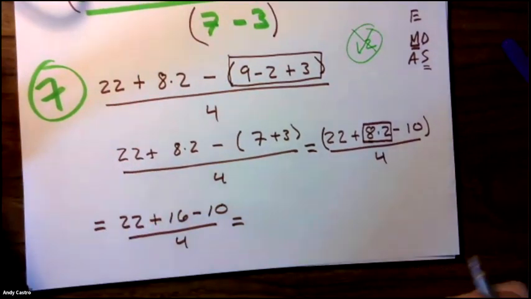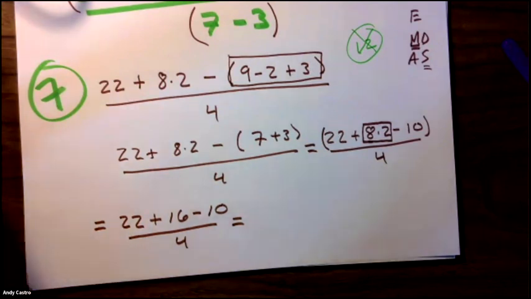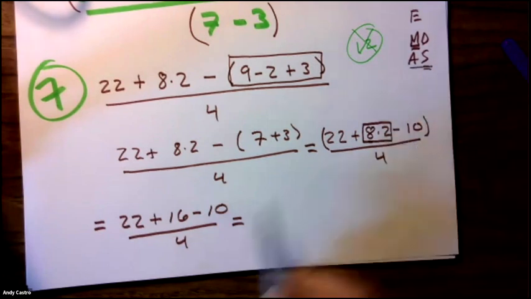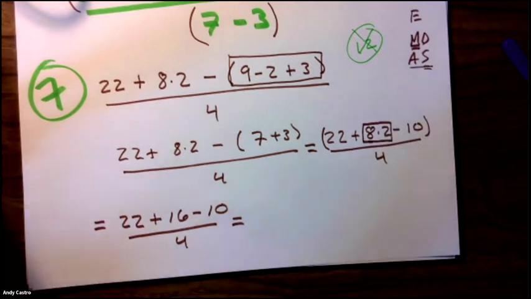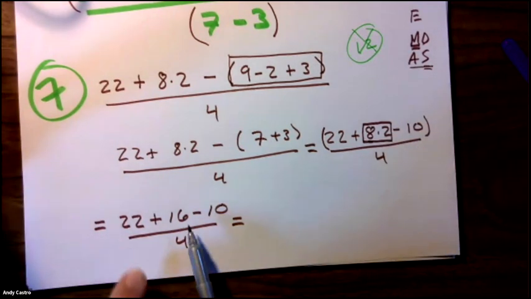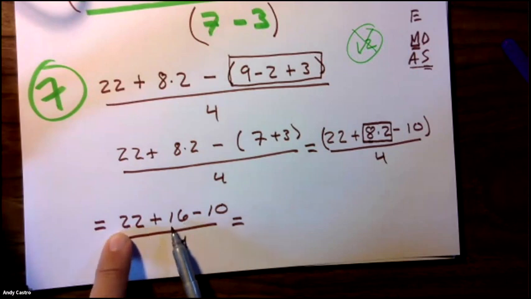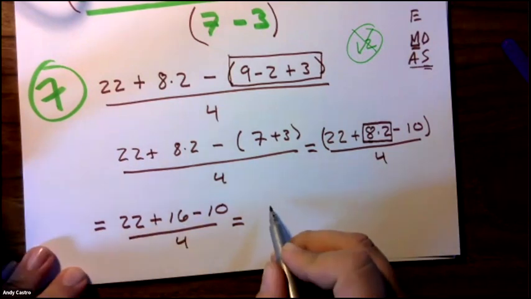All right, now I have addition and subtraction. So my addition and subtraction, I simply do left to right because that's how I do my addition and subtraction. So here we have 22 plus 16. Let's see, the 6 and the 2 will give me an 8. 1 and the 2 will give me 3, so that's 38.